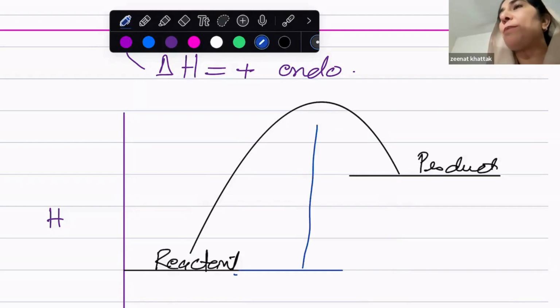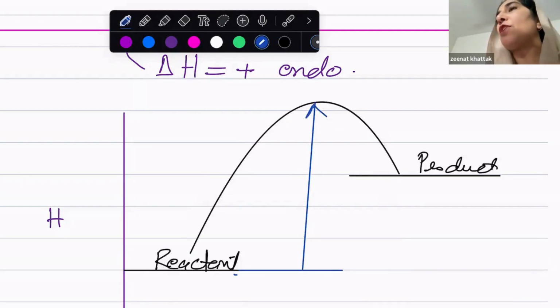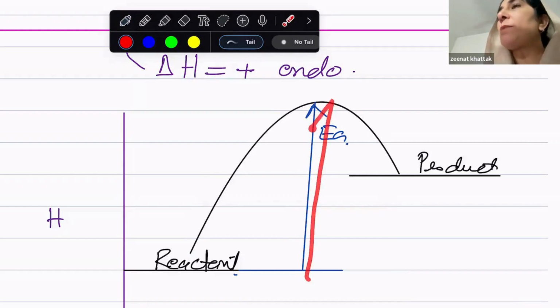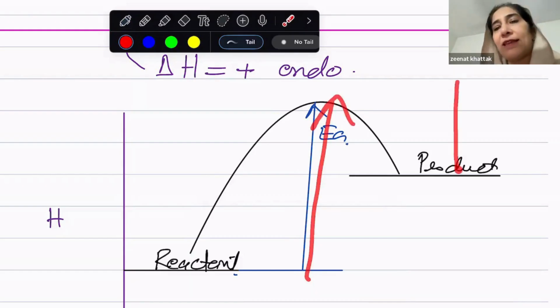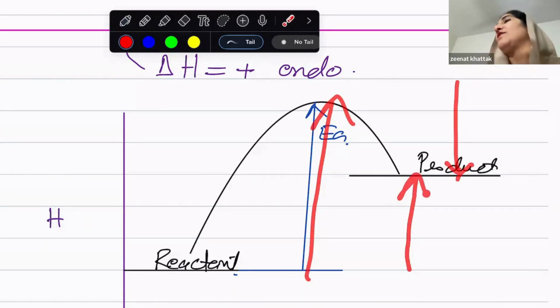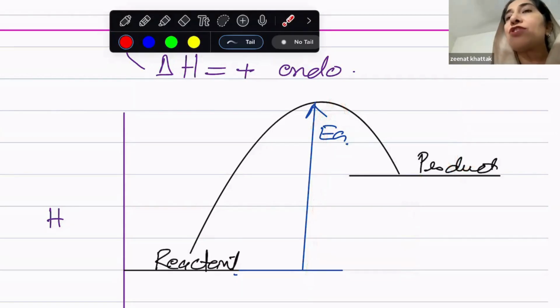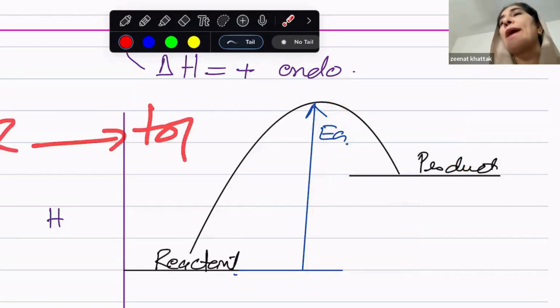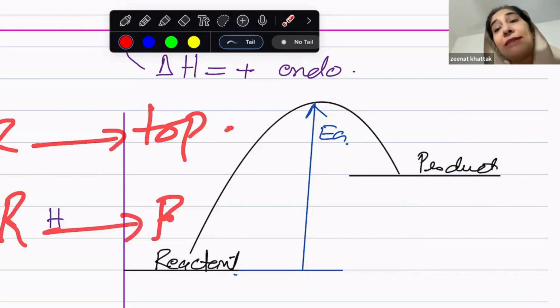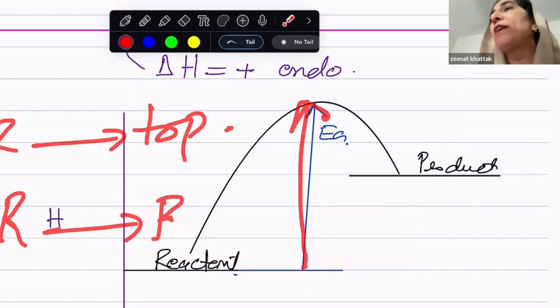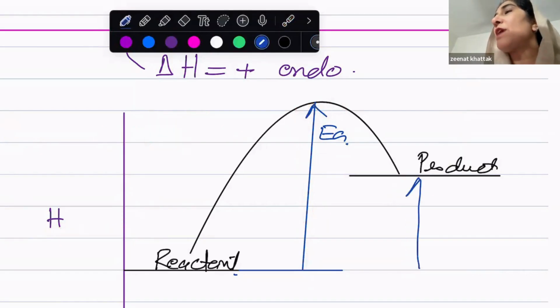Reactant to the top, activation, absorbed energy. Now, absorbed is more, released is less. The enthalpy change is this. Reactant to top, activation. Reactant to product, delta H. The arrow is up.